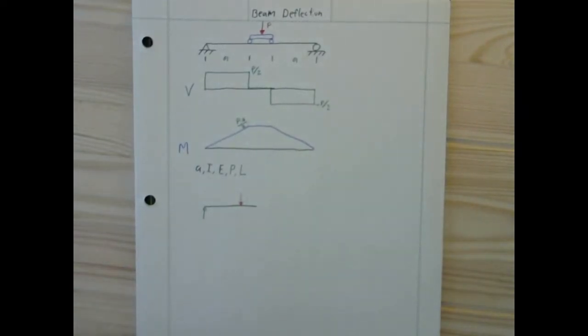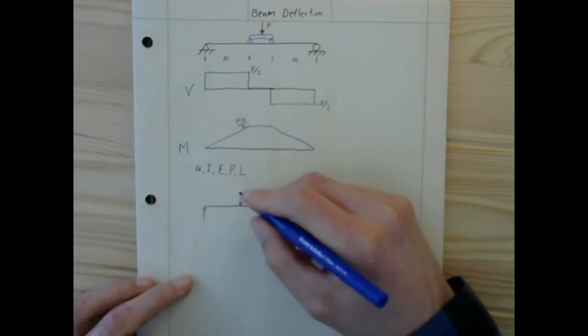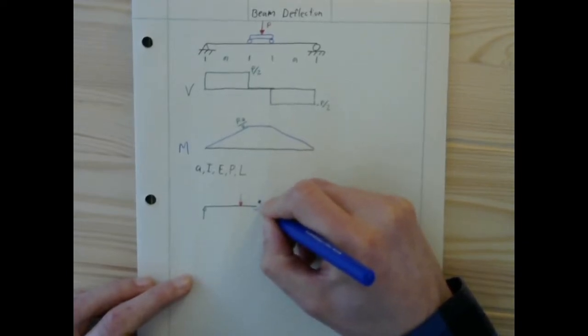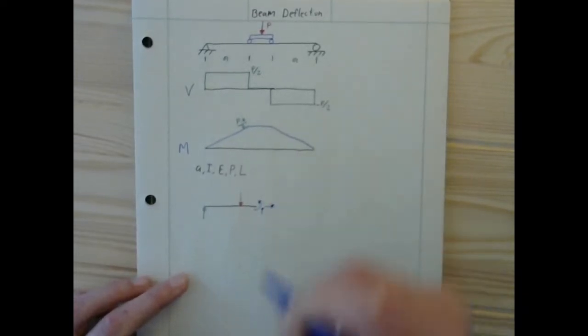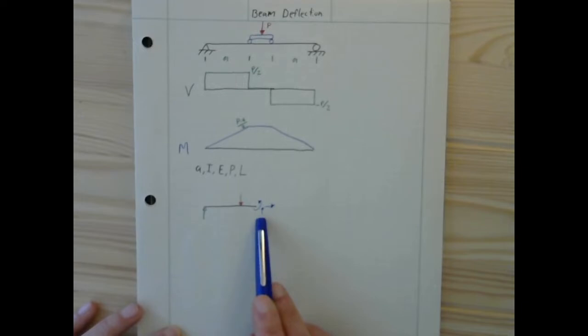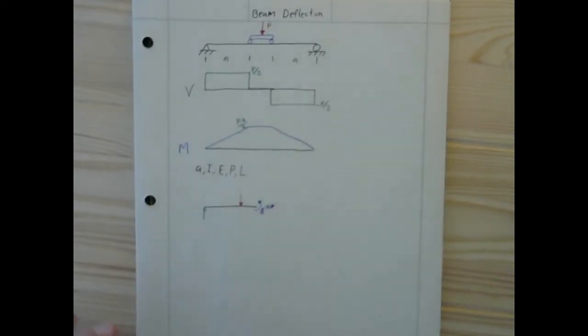And we have some internal loads right here. In this case, of course, the two forces are going to be zero. We'll only have a moment, so that's zero, that's zero. So we don't need to worry about that.